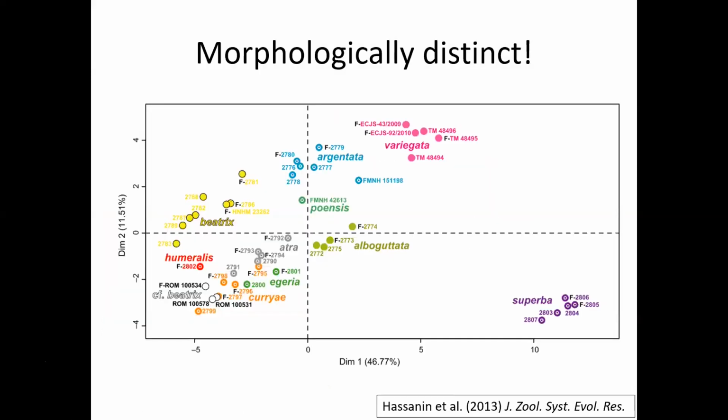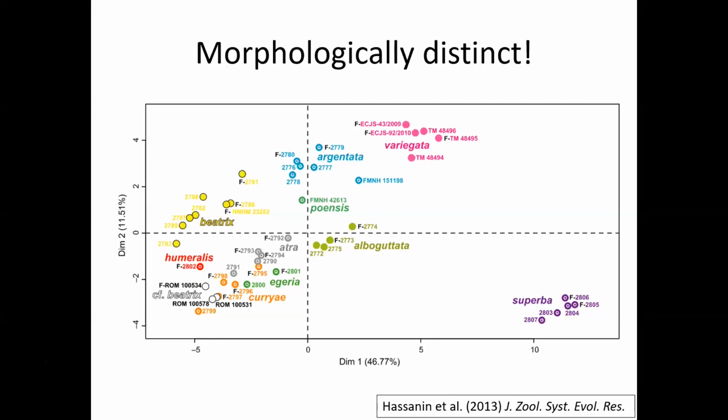At the same time, or slightly later, Alexander Hassanin from France, together with a large group of co-authors, was working on this genus. This is the genus Glauconycterus. This is an ordination plot. I don't want you to worry about the details here.